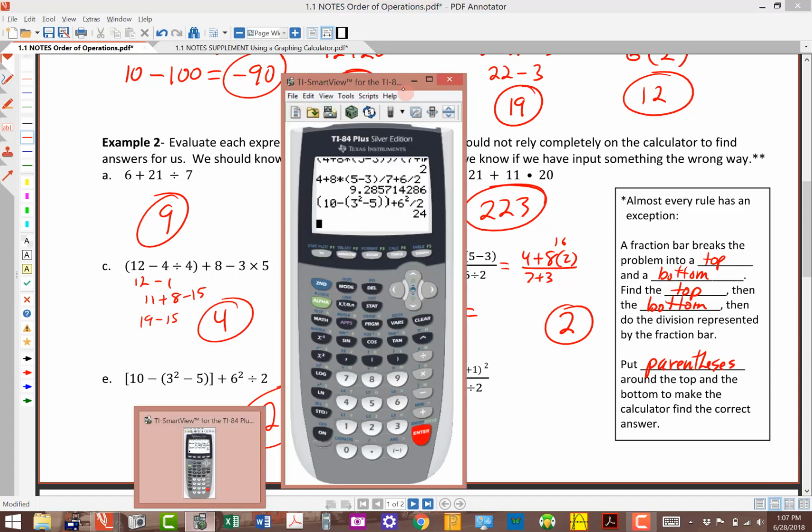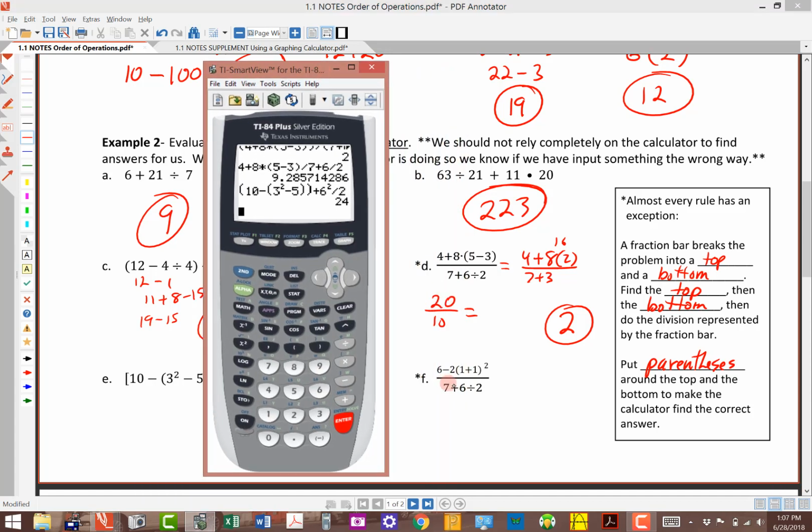And then the last one we're going to do today is this one right here. Again, it's got a fraction bar, so we've got to make sure that we type things in there in parentheses. So we're going to start with a set of parentheses for the top. Put the entire top in parentheses. So we're going to do minus 2, and then a set of parentheses, 1 plus 1, set of parentheses. We're going to square that. And then we're going to close the set of parentheses for the top.